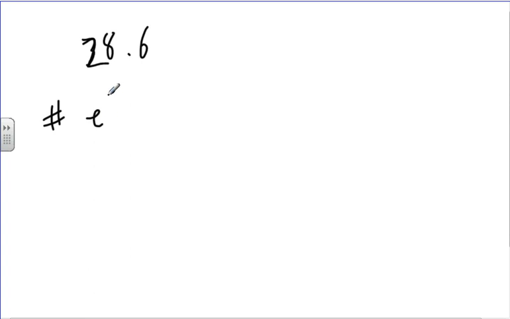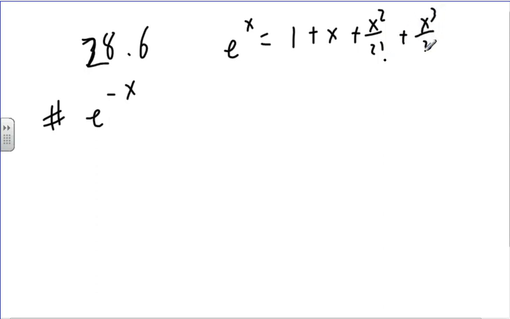And we want to find e to the minus x. Well, we know that e to the x is 1 plus x plus x squared over 2 factorial plus x cubed over 3 factorial plus x to the fourth over 4 factorial. We know that because it's given to us on the page before.